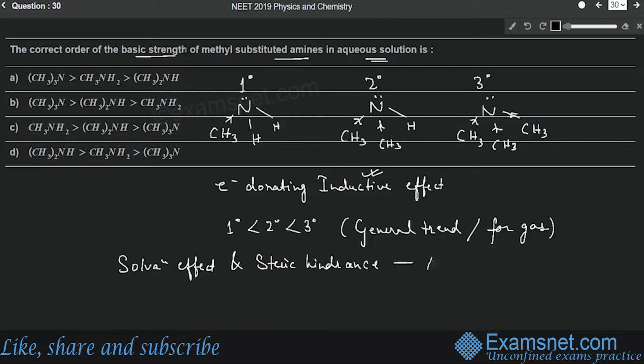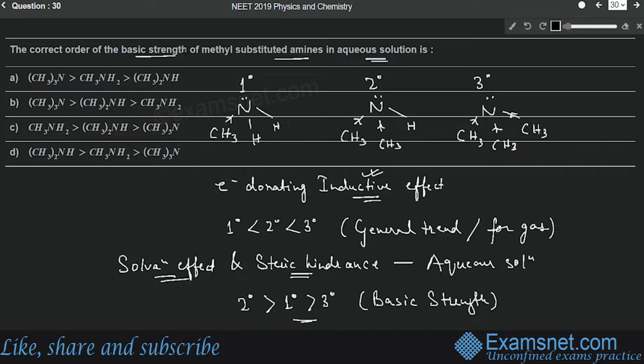So in aqueous solution, the combined effect of these three, that means inductive effect, solvation effect and steric hindrance, will result in some change in this trend. So the resulting trend will be like this for amines. It will be maximum for 2 degree, then 1 degree and then 3 degree. So this will be the order of basic strength and you will have to remember this.